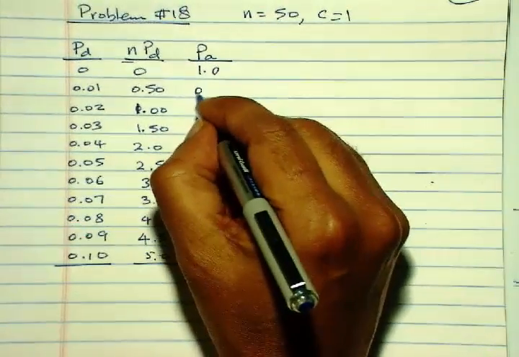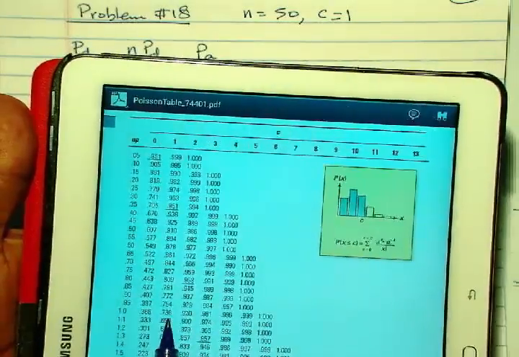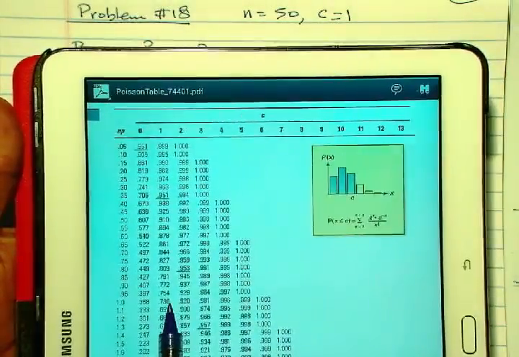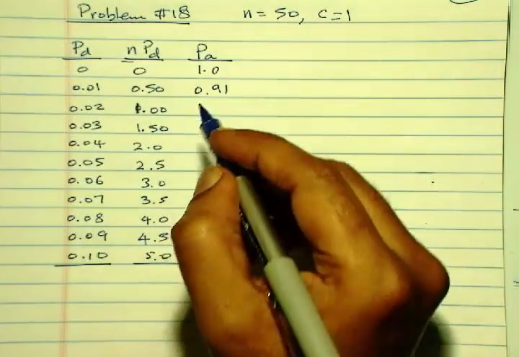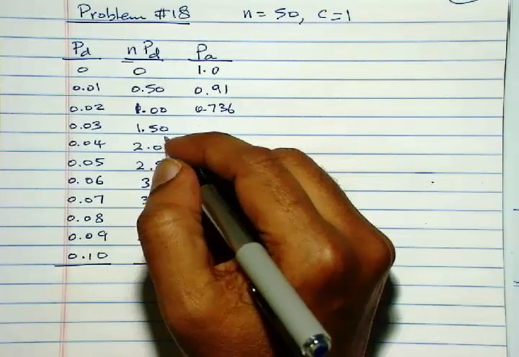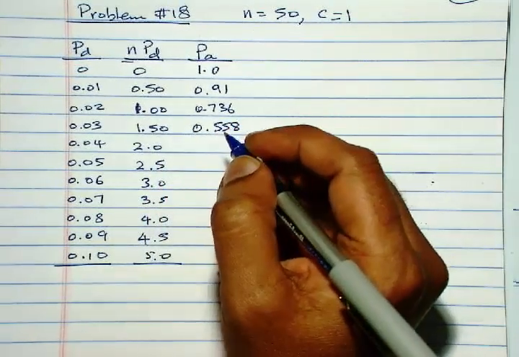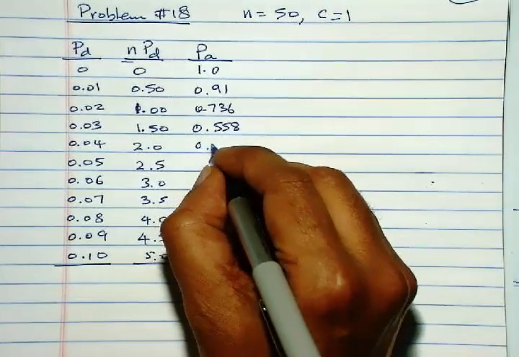Then for 1 it is 0.736. Then for 1.5 it is 0.558. Then 0.406 for 2.